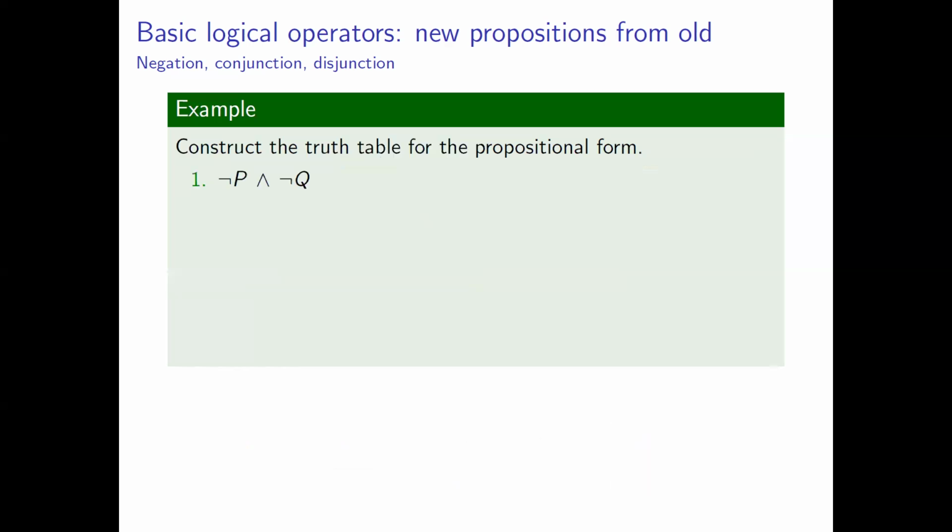For the last set of examples, we are to construct truth tables for the given propositional form. Assume that all letters represent unknown propositions.